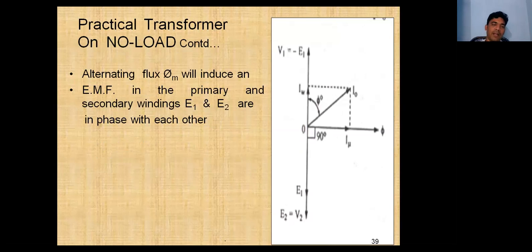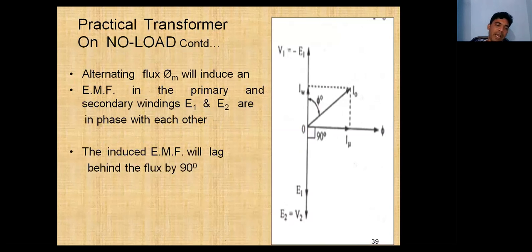E1 and E2 are in phase with each other. The induced EMF will lag behind the flux by 90 degrees. This is phi m. This is I0, with two components, working component and magnetizing component. EMF lags flux by 90 degrees, that is, the E1 and V1.